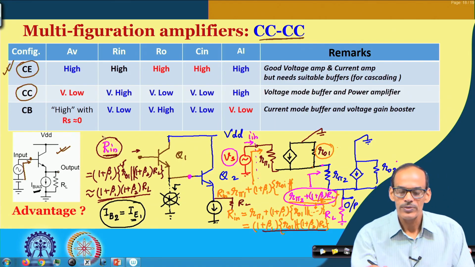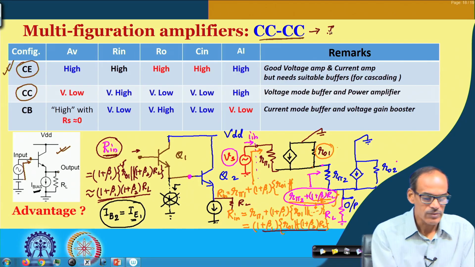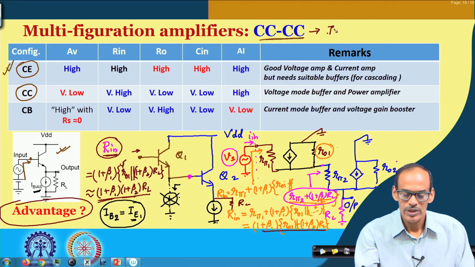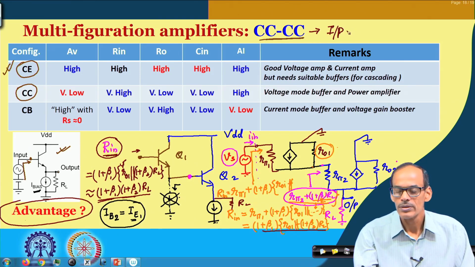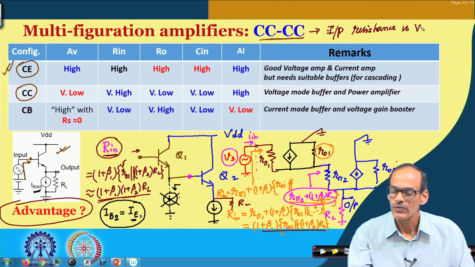So, the purpose of the CC stage, first one, is input impedance. So, the advantage here is the input resistance is very high, very high.